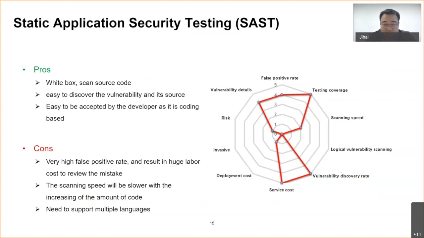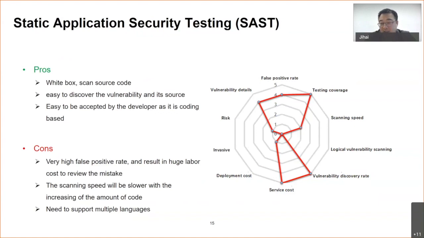However, there's a big disadvantage for this tool. We call it the false positive ratio. This tool has a very high false positive rate, sometimes up to 30 or 50%. If your result is not accurate enough, you normally have to invest additional resources to double check the results, which results in additional cost.